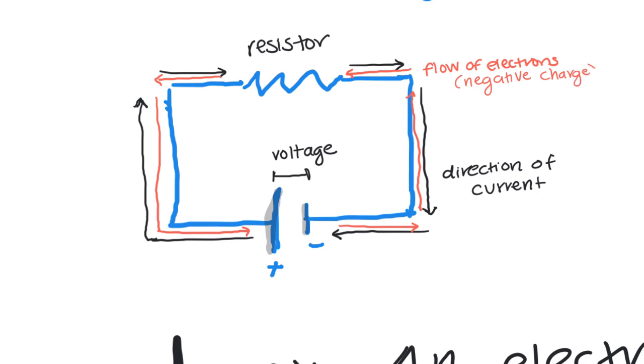So the current is drawn in the direction that a positive charge would move through a circuit. The electrons are actually moving in the opposite direction. I did want to point out that current is typically the result of electrons moving through the circuit. However, the direction of the current is drawn in the opposite direction that the electrons are actually moving, because those are negatively charged.